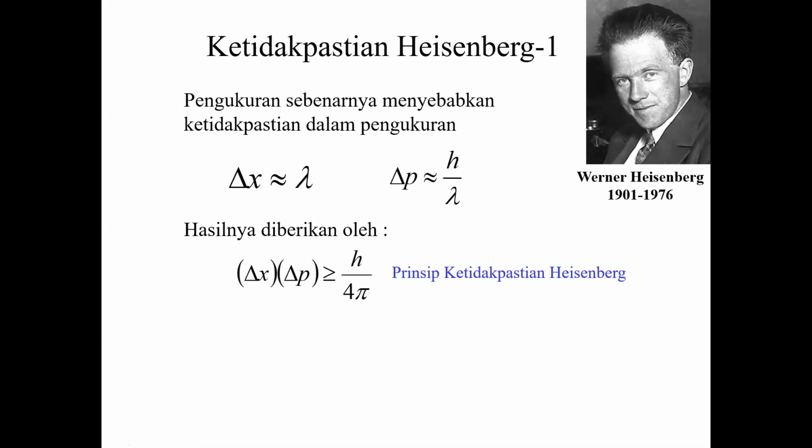The error of the position times the error of the momentum should be greater than the order of Planck's constant, which is of order 10 to the minus 34.